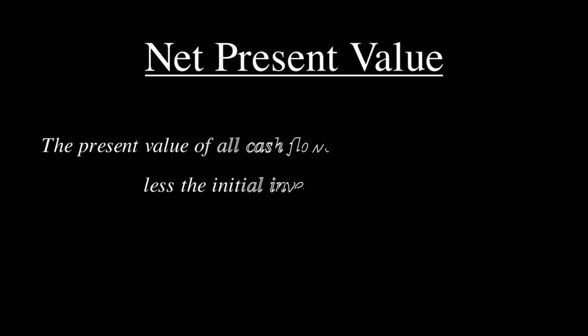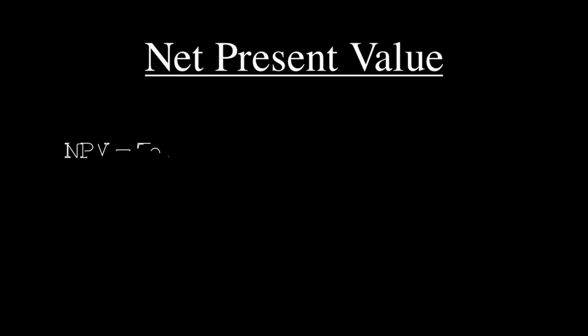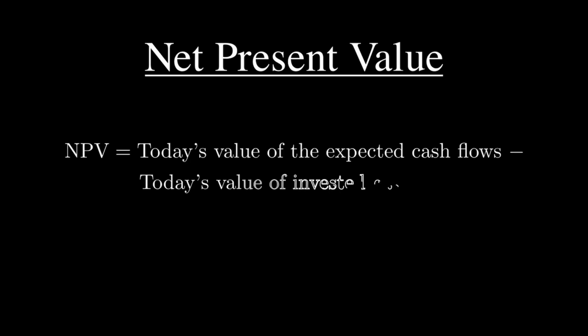So one way you can define the NPV is today's value of the expected cash flows minus today's value of invested cash. Remember, in net present value, what we are subtracting are present values of cash flows, not the cash flows themselves.